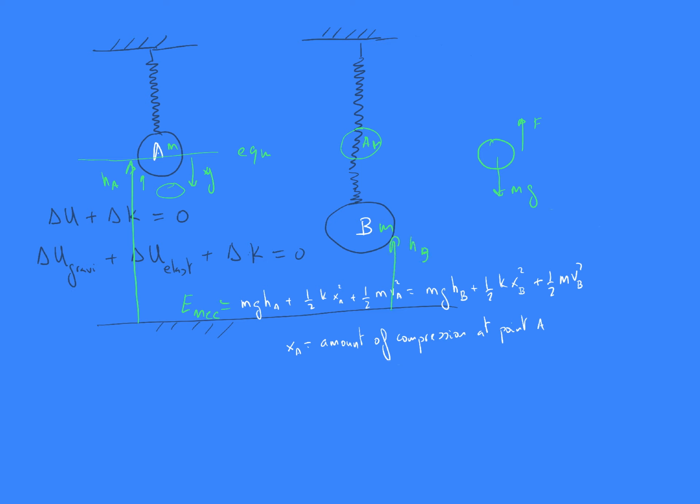So we write an equation saying that the total mechanical energy at position A equals the total mechanical energy at position B. At position B, there is gravitational potential energy, mgHb, there is some elastic potential energy, 1/2 kxb squared, and maybe also kinetic energy, 1/2 mvb squared.